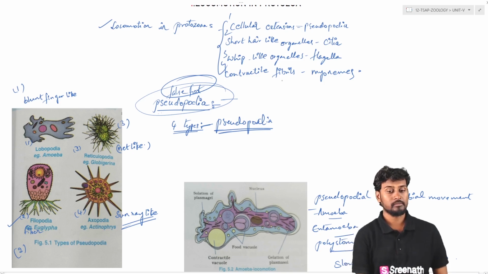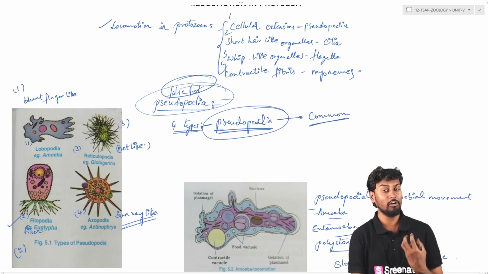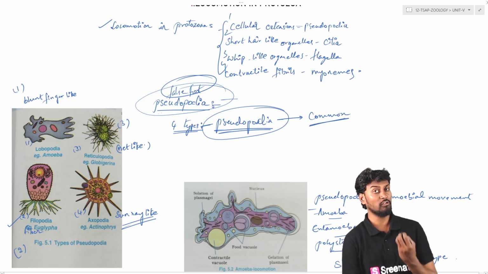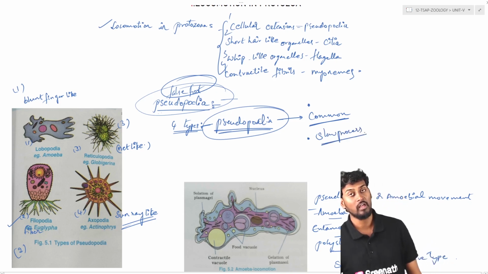What we should say about pseudopodia is that it is a very common locomotory kind of movement observed in organisms. It is also a very slow process. It is a very common and slow process generally observed in these organisms.